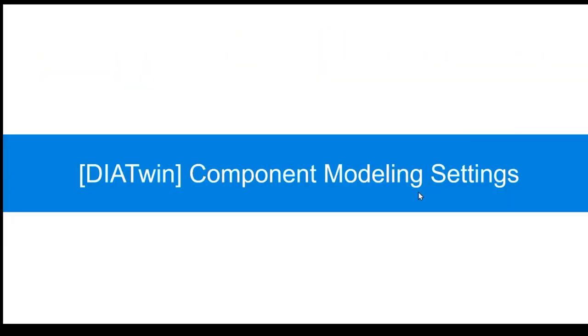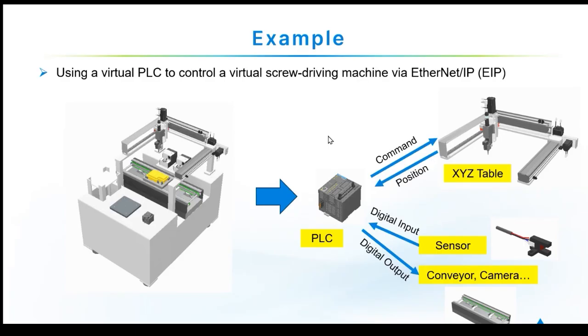So what do we need to set in our DIATwin to make the model communicate with the PLC? You can see this is the structure of it. In yesterday's training, we used some local programming or modeling ways, and you also learned how to connect the I/O wires, right?